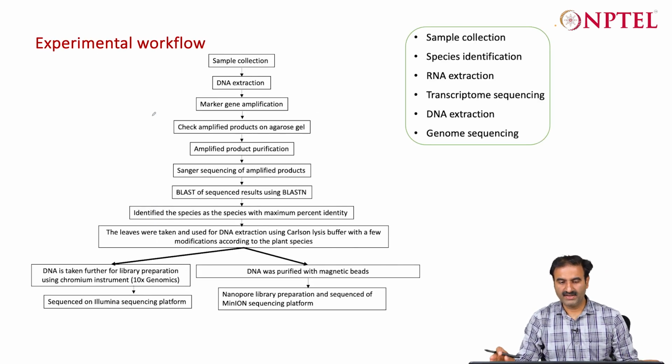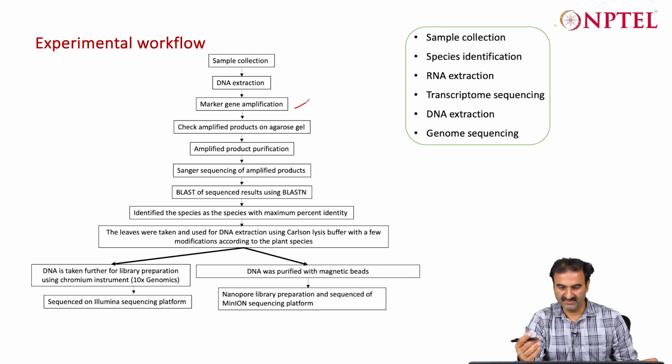The sample that has been collected is the one from which you have to extract the DNA and RNA. Particularly for the DNA, to confirm that it is the same species, we will go for marker gene identification, amplification and confirmation.